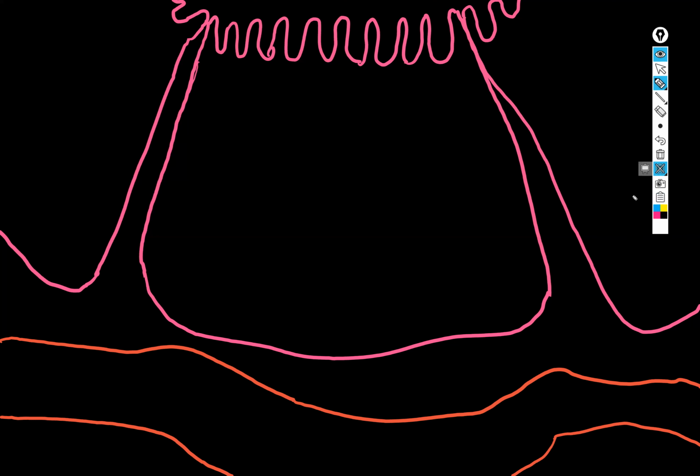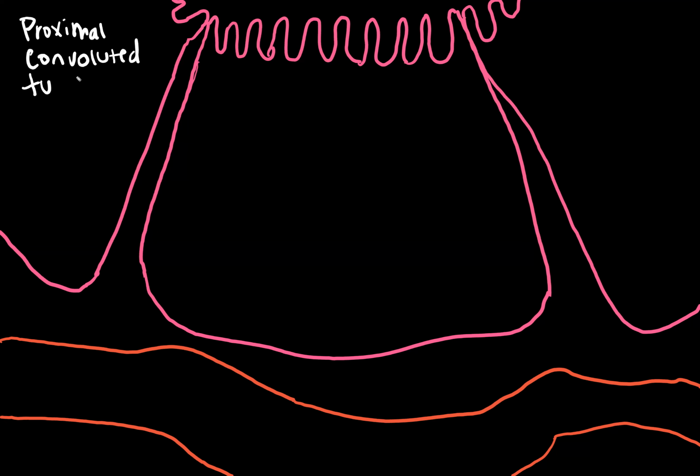Okay, so let's do some labeling. I'm going to label in the upper left-hand corner. This is the proximal convoluted tubule. So we see the suffix ule, which means itty bitty tiny little tube. So of course, these are simple cuboidal epithelial tubes that are all wadded up, and that's mostly what the kidney is made of.